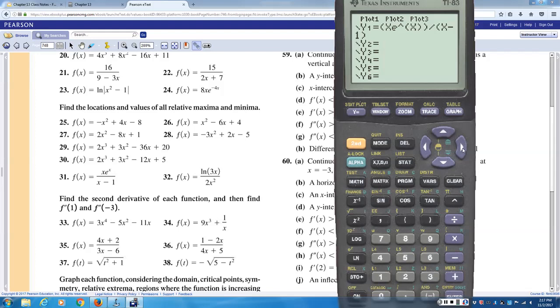And I want you to enter in deriv. And I want you to find the derivative of that function in y1.